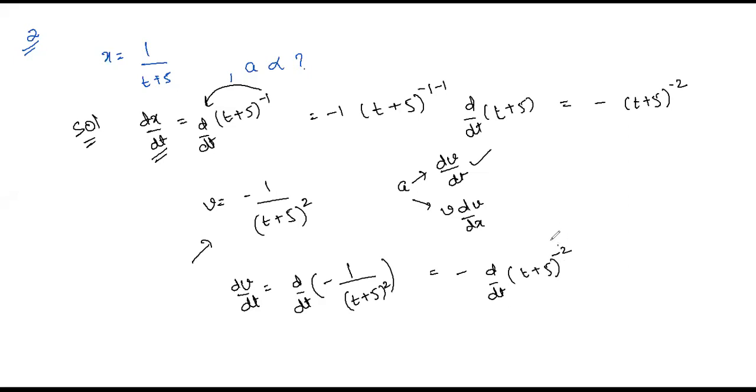What will happen again? Minus 2 will come here, and you will have minus 2 into t plus 5 to the power of minus 3 into the differentiation of t plus 5, which is nothing but 1. So you have 2 upon t plus 5 raised to the power 3 as the value of acceleration. Okay, that is all right.